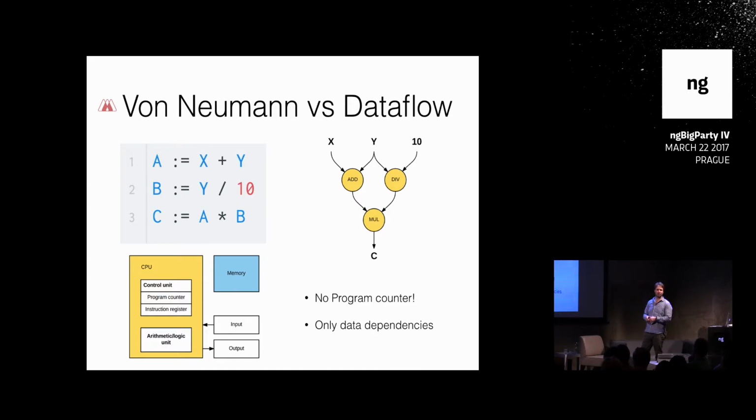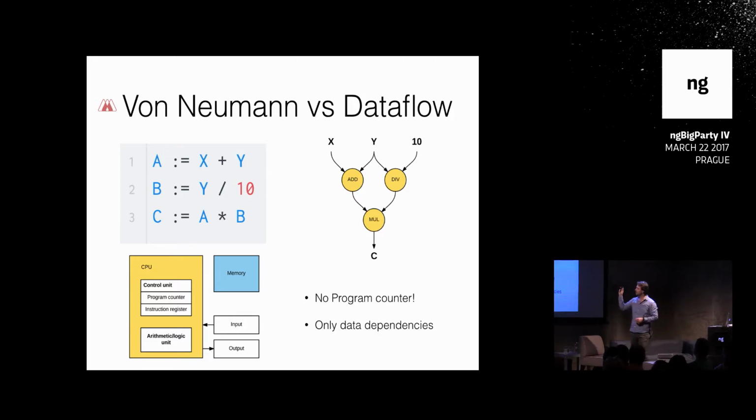We're trying to calculate C, which is a product of A and B, and to get to that, we need to calculate A, which equals x plus y, and B is y divided by 10. On the right side, we have an equivalent program written in a Dataflow paradigm. Like I said, it's usually represented as a graph where nodes represent operations, and then we have the data coming in.